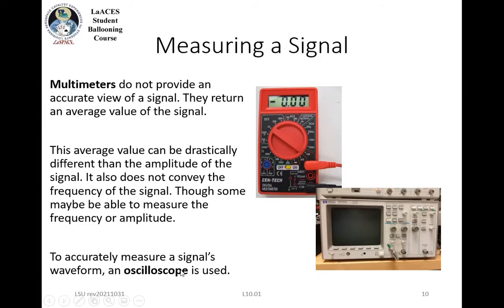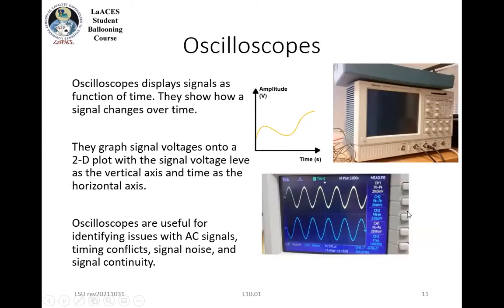So in general, if you have a rapidly changing signal, what you want to use is an oscilloscope like the one pictured here. What an oscilloscope is going to output is a changing signal with time, usually voltage.